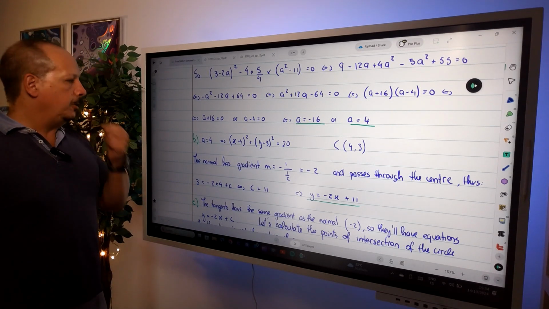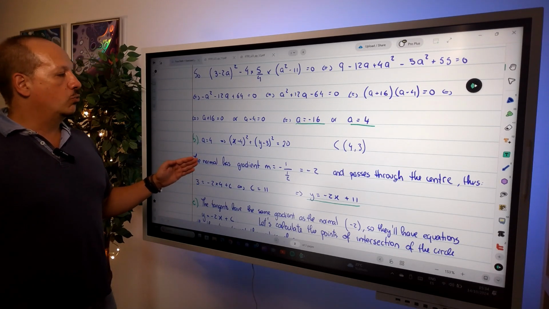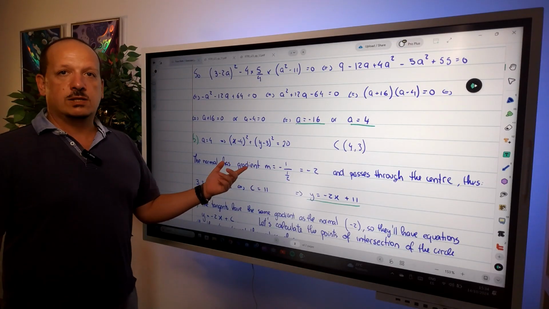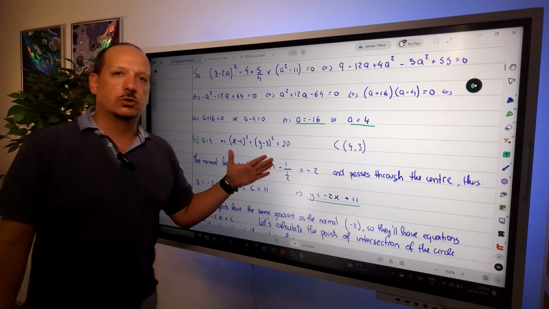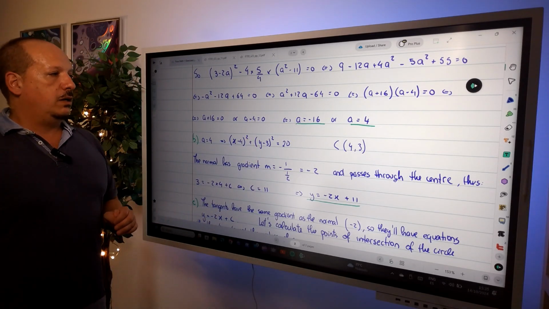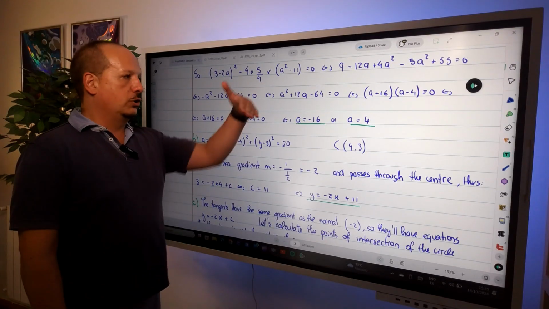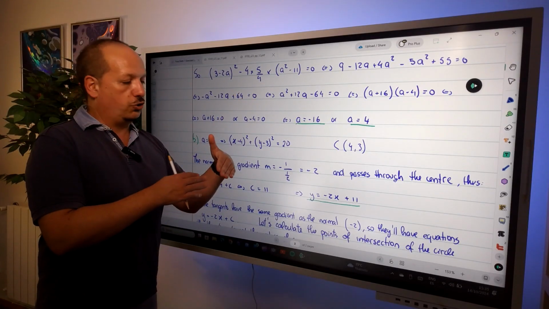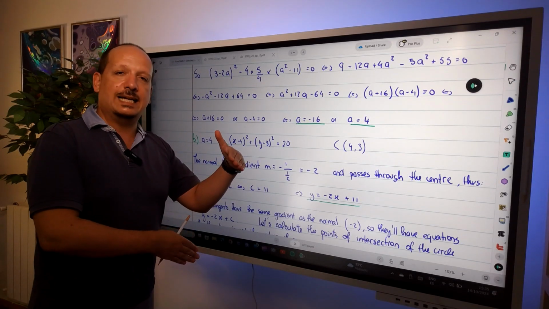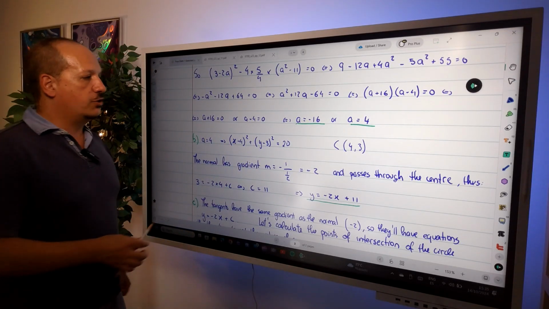The normal is going to have the gradient minus 2. Why? The gradient of the tangent was 1/2, so the gradient of the normal to the tangent is minus 1 over that, so minus 2. Since it is a normal to a tangent, you should know that a normal to any tangent of a circle passes through its center, obviously. It's radial.